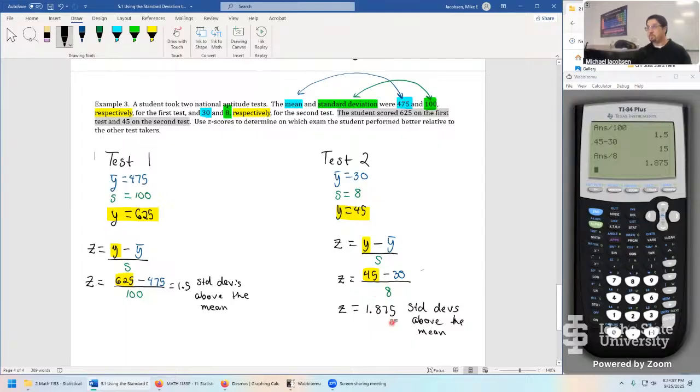So we just have to finish it off to say the student performed better on test 2. Then that finishes out the problem on this one.